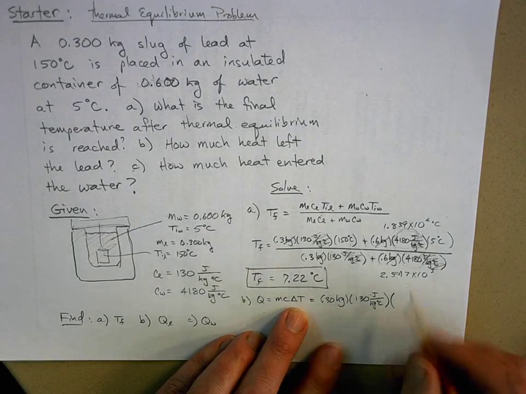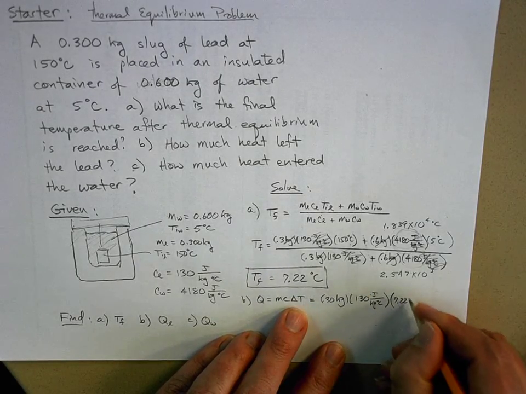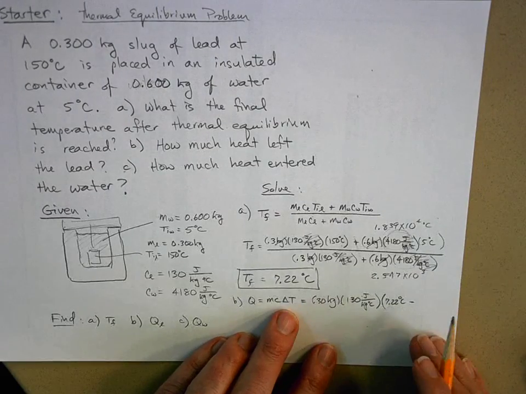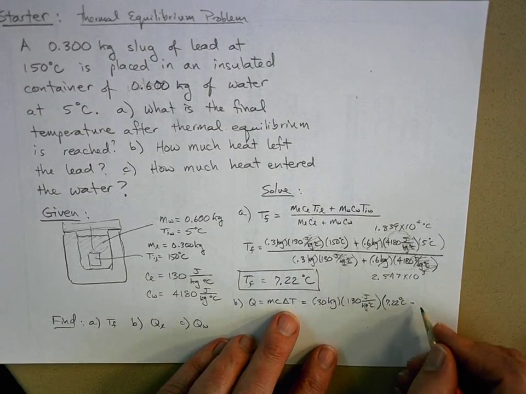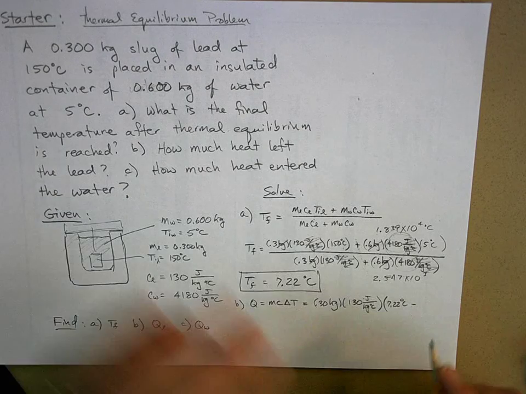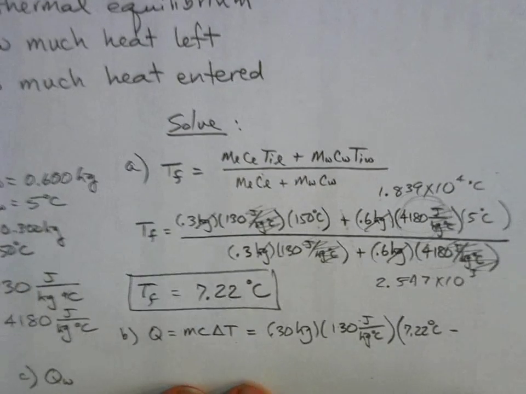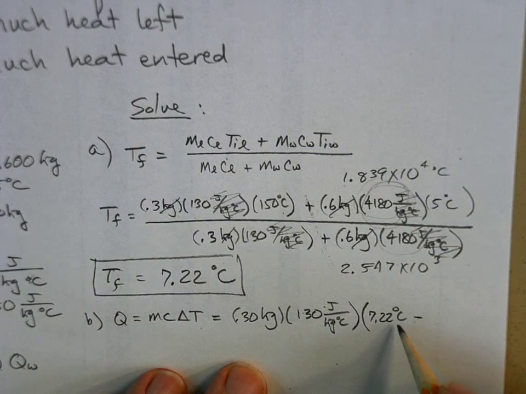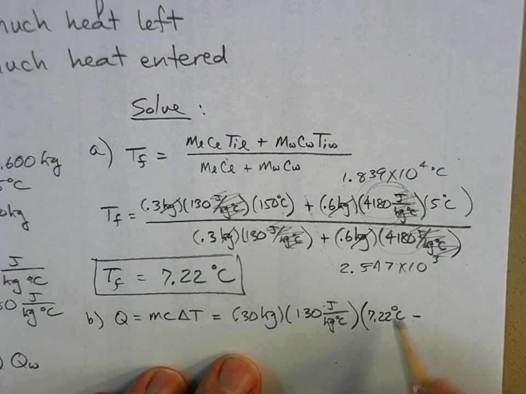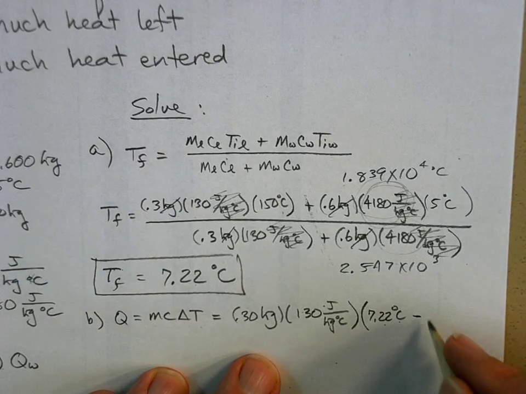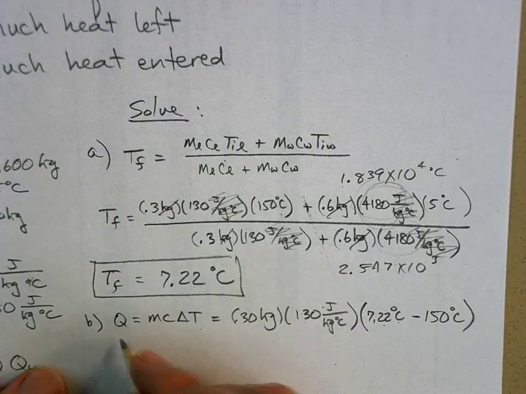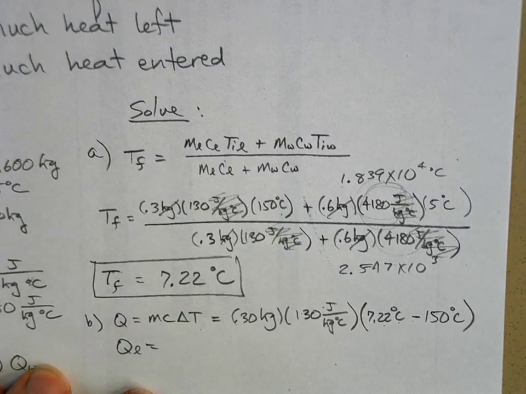Well, T final is 7.22 degrees Celsius, minus T initial. Let me zoom in so people can see it better. The initial temperature was 150. And so you plug that in, and that's the heat from the lead.